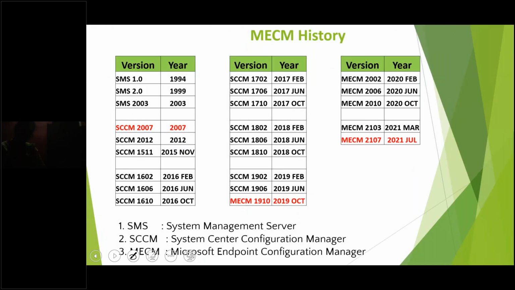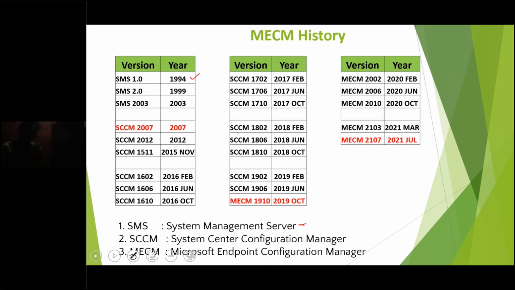Now the next slide talks about the historical background of SCCM. As you know, this product MECM, Microsoft Endpoint Configuration Manager, is developed by Microsoft. It was developed and released in the year 1994 as SMS 1.0. SMS is the old name of this product, System Management Server.